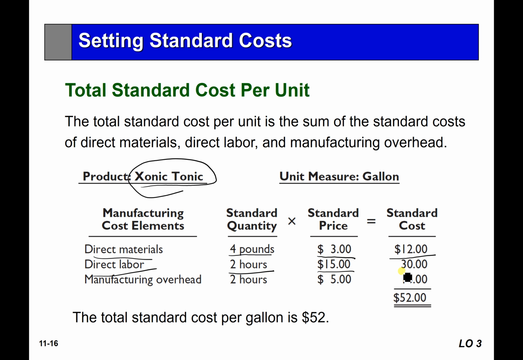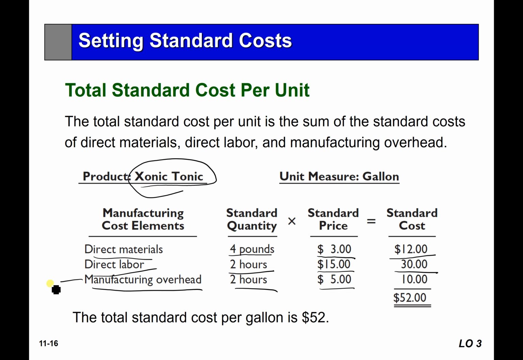So we included all that in there. And then the standard cost for direct labor for this 1 gallon is $30, and manufacturing overhead is two hours of direct labor, because this is based on direct labor. And the predetermined rate is $5, so it makes it 10.